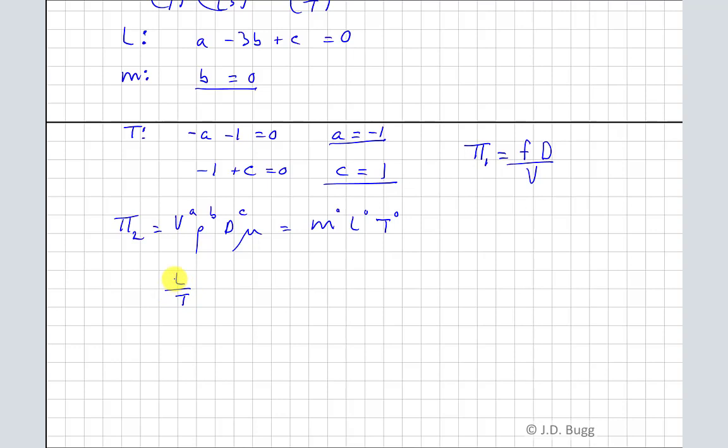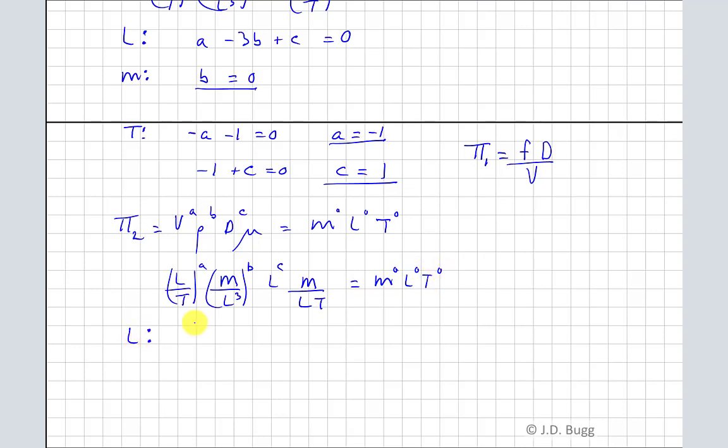So velocity, length over time to the a, m over L cubed to the b, and L to the c, and then viscosity is m over LT. So that's m to the 0, L to the 0, t to the 0.